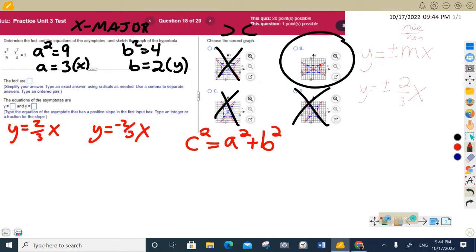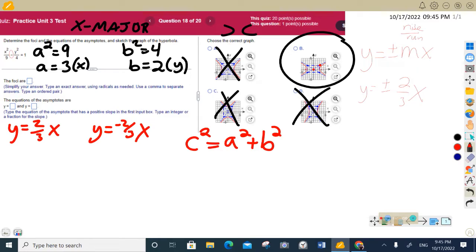I want you to note, for an ellipse, it was a squared minus b squared to find c squared. Here's how I always remember it. On a hyperbola, the main equation is subtracting. Look up here at the main equation. You're subtracting it, so for c, you add a squared and b squared.